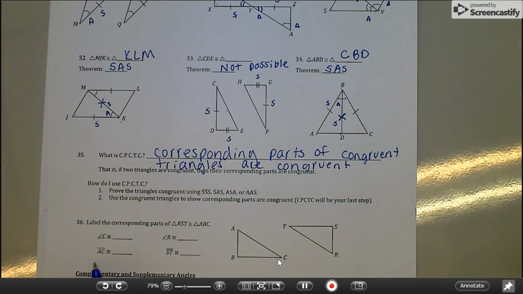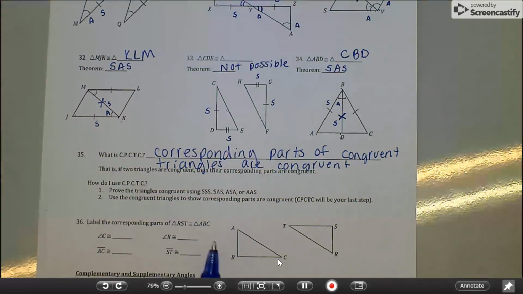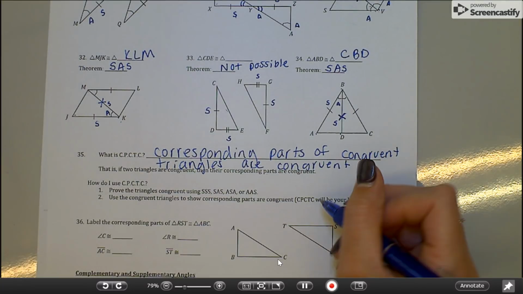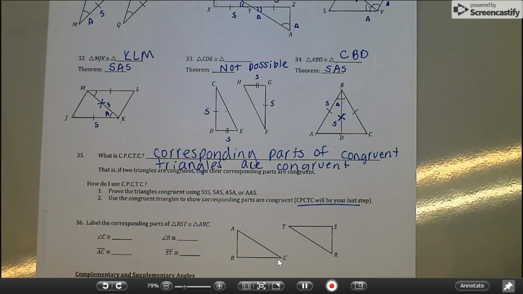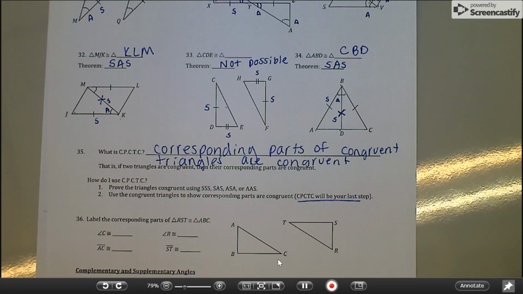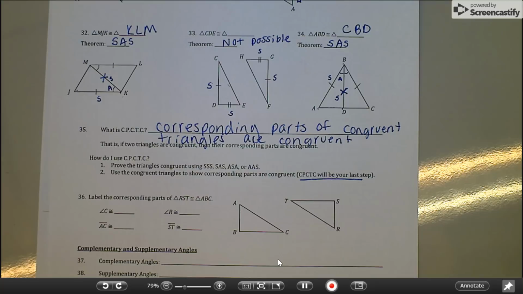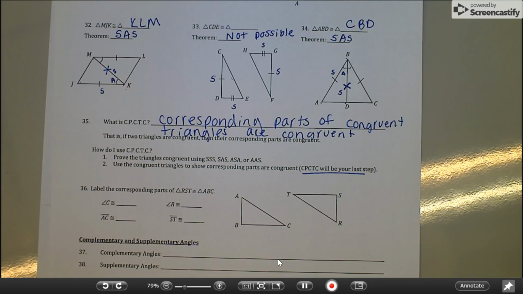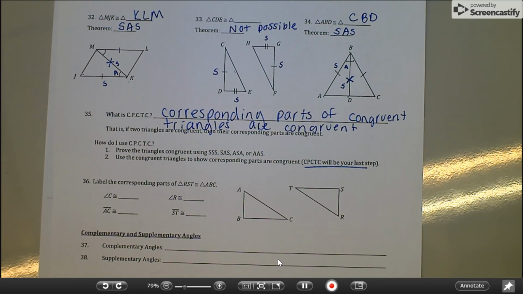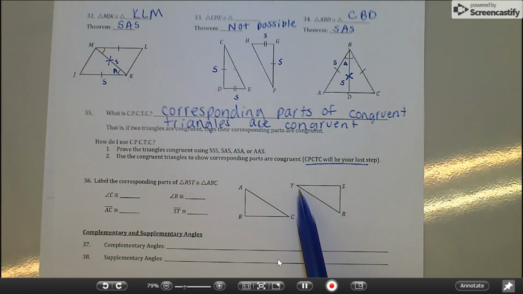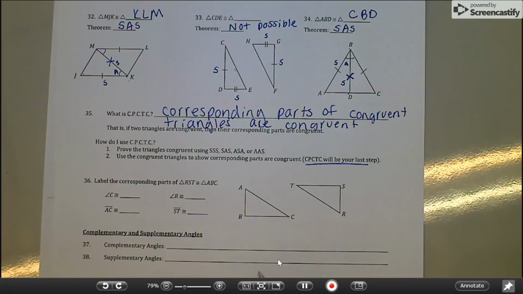How do I use CPCTC? What you would want to do is first prove the triangles are congruent, and then, like it says, CPCTC will be your last step. So using the two congruent triangles to show that the corresponding pieces are also congruent. All right, 36 tells us to label the corresponding parts of triangle RST and triangle ABC.